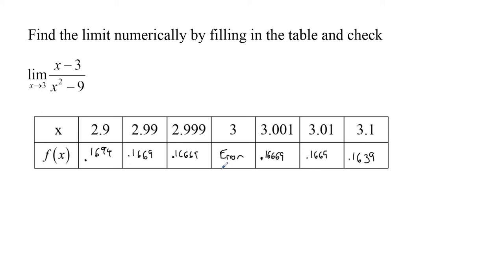But this at least gives us a good idea that it's probably 0.16 repeating, and 0.16 repeating is 1/6, I think. Let's do that real quick. 1 divided by 6 is 0.16666 repeating. So we're going to guess this is 0.16 repeating like that, or 1/6. That's our guess.